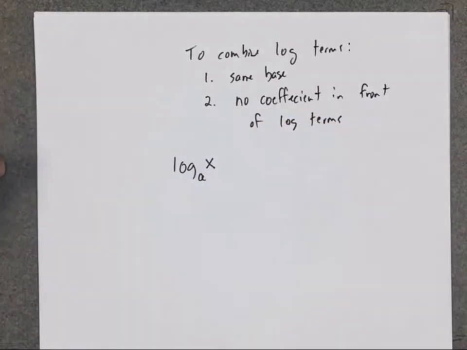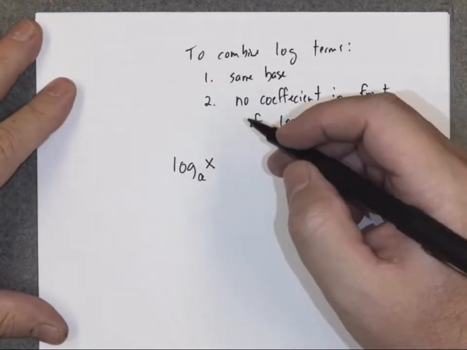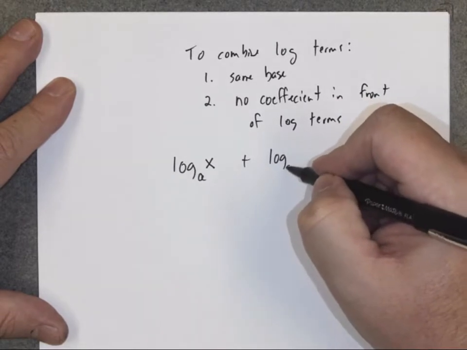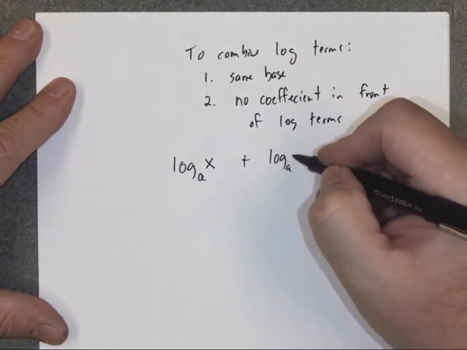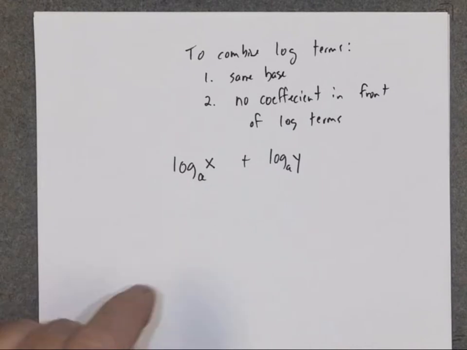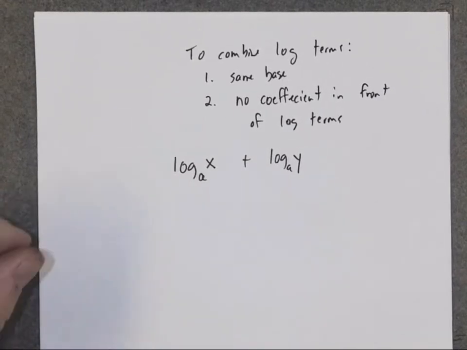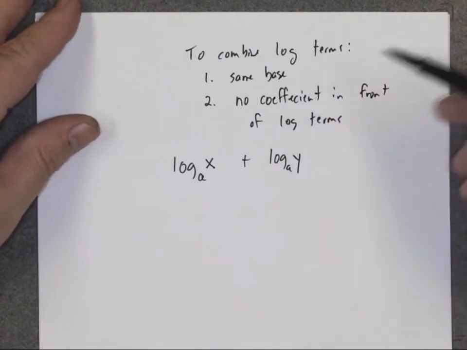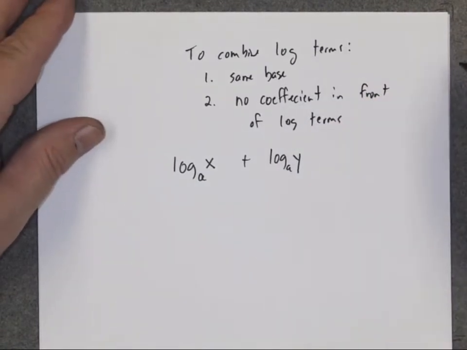Say I have log base a, so a can be anything, 2, 3, 5, 10, whatever. Log base a of x plus log base a of y. Two log terms, same base, no coefficients. So I've met the two conditions.